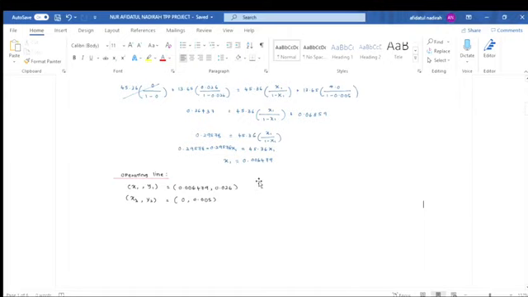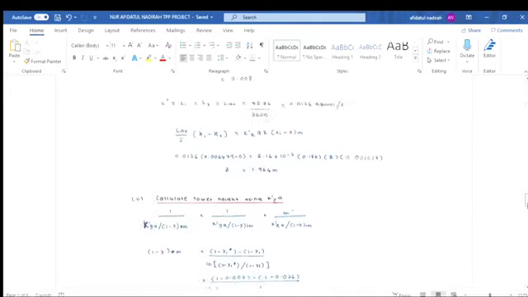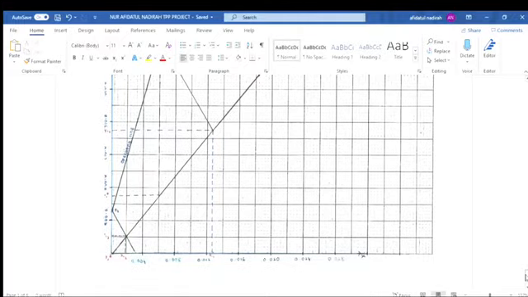So we can use it as a coordinate, which is x1, y1. So 0.006479 and 0.026 for y1. And for x2, y2 is 0.005. After we get these two coordinates, we can already plot the line, the operating line, which will be like here.